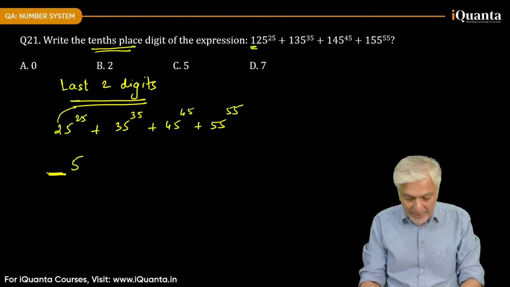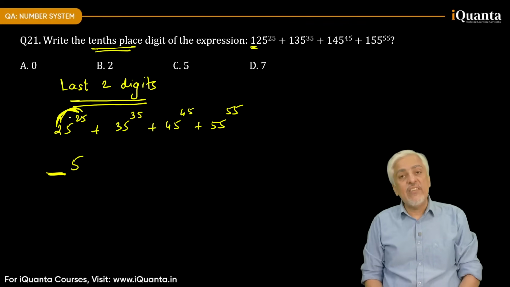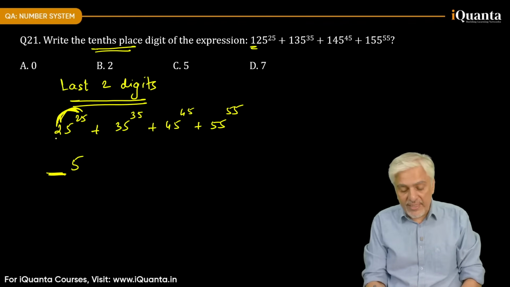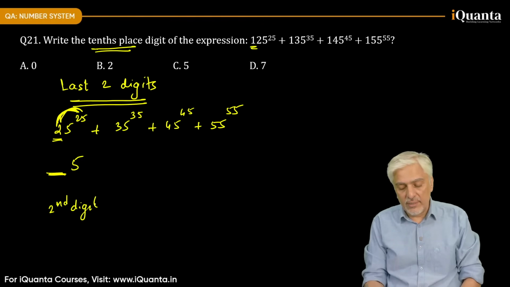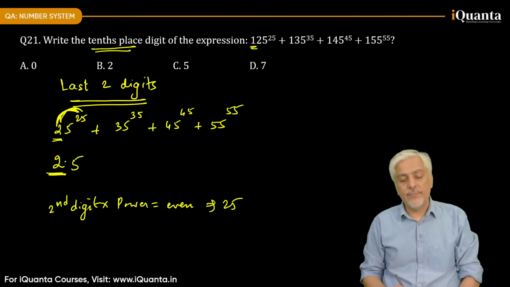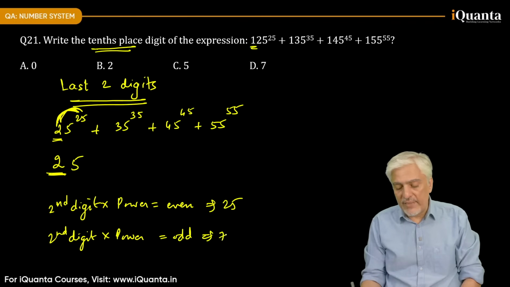If the second digit multiplied by the power is even, then 25. And if the second digit multiplied by the power is odd, then 75.